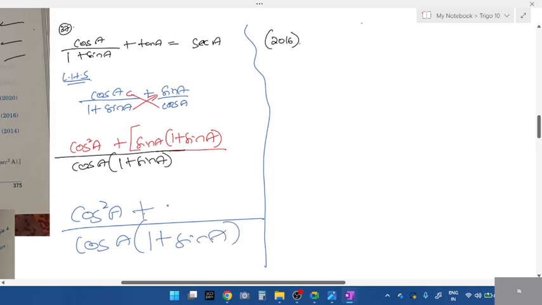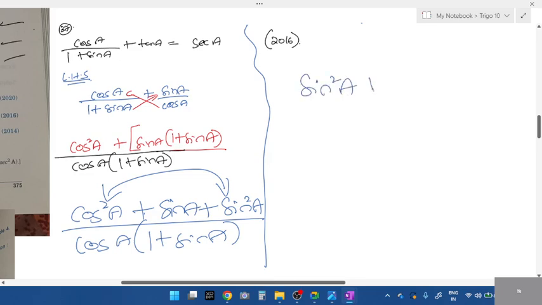Now open the bracket. When you open the bracket, sine into 1 is sine A plus what is sine into sine, students? Sine square. We almost got the answer. Take these two together. If you want, I'll rearrange. All are positive, students. If all are positive, I can rearrange it.